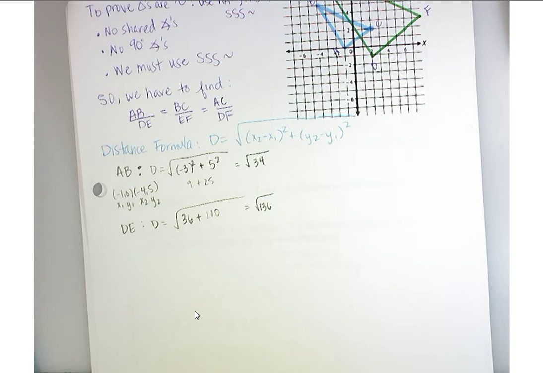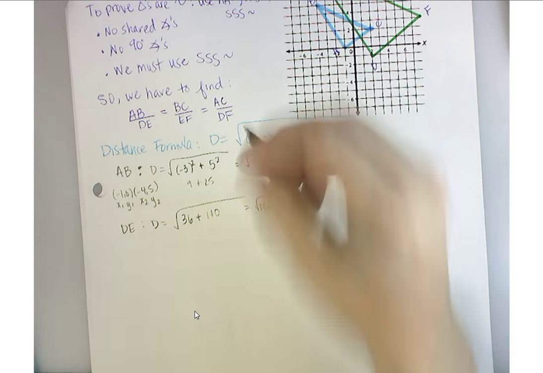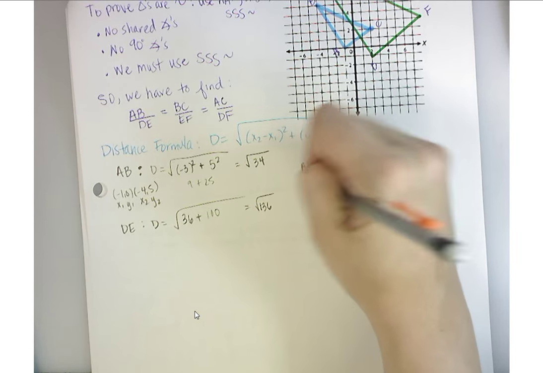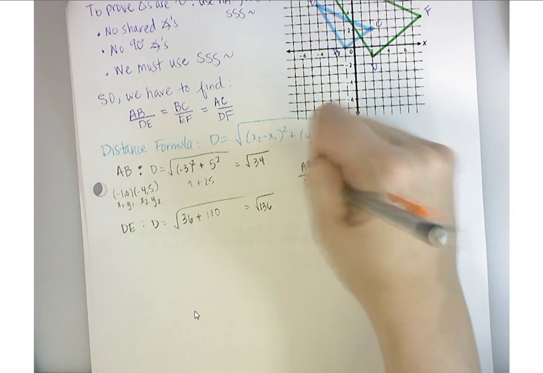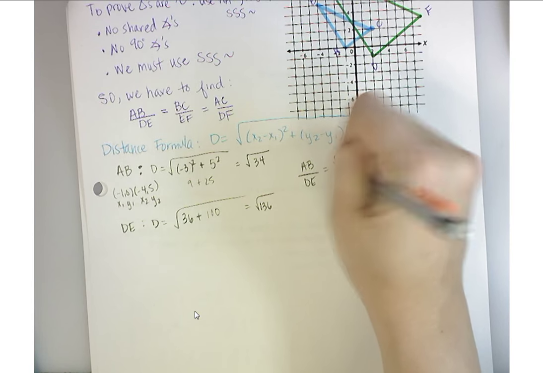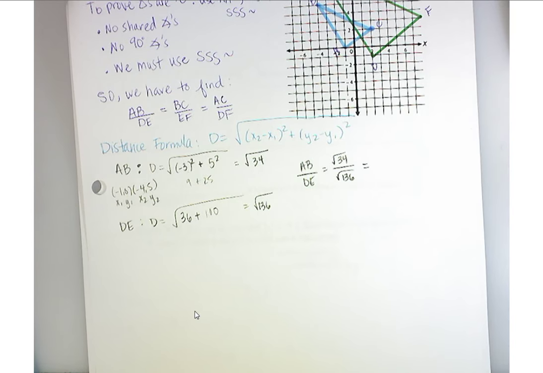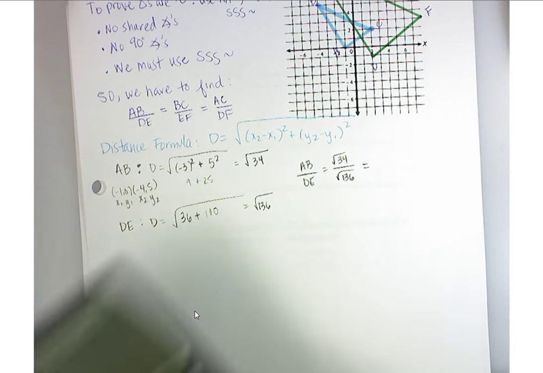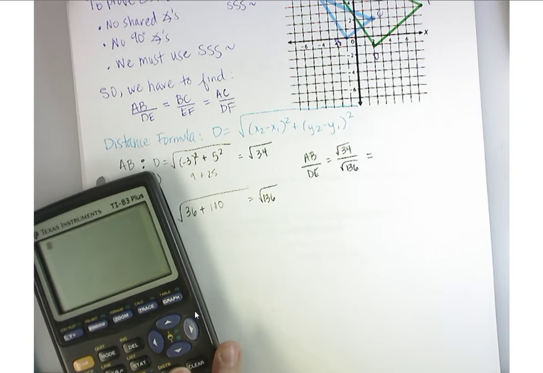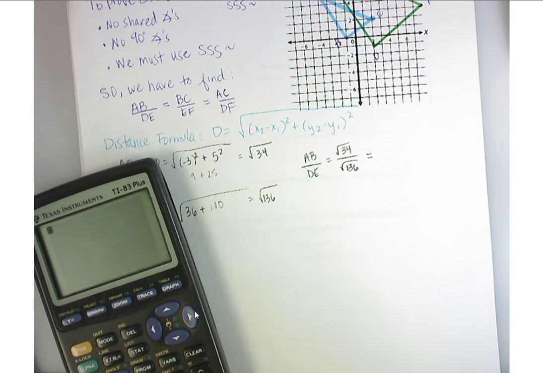Okay, so we're going to set up our ratio to see what it is. So AB over DE is root 34 divided by root 136. So let's go ahead and do that in our calculator and see what we get, because some of the other ones might not be the same number, but they could have the same ratio.